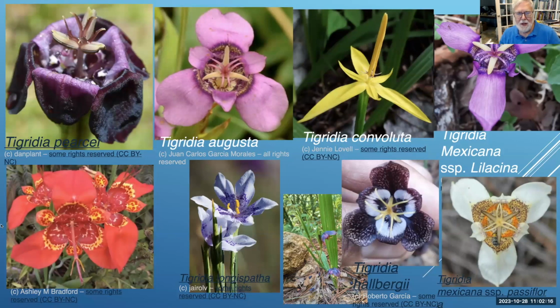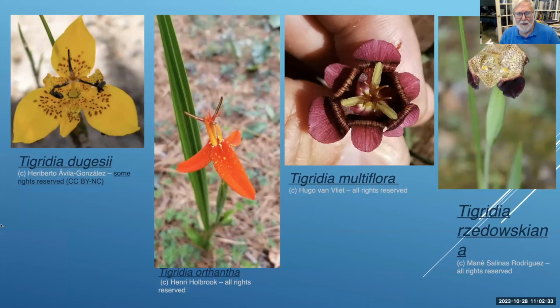So individually, they're interesting close up, but they're not particularly spectacular in the garden. But the Pavonia to the lower left is still gorgeous. And to the next slide. Some are quite different altogether, like Tigridia arthrantha.